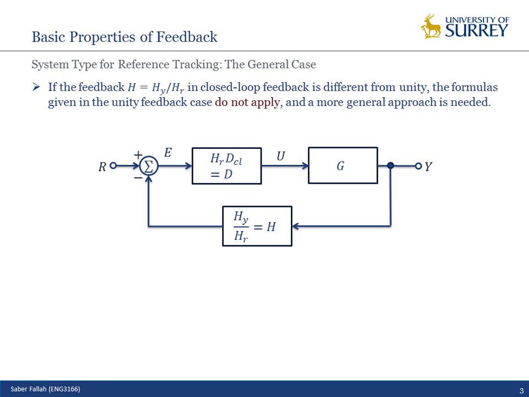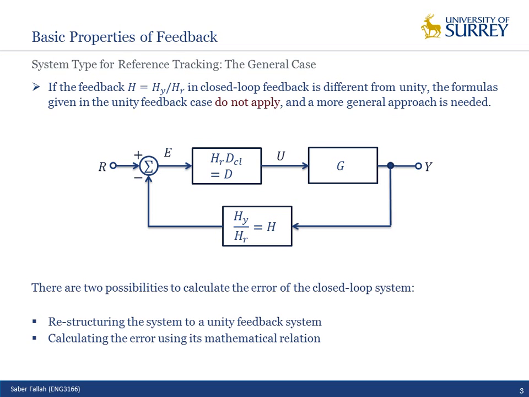As I said, we have this block transfer function in the feedback. We need to see how we can define the system type for such closed loop systems. There are two possibilities. One method is to reshape or restructure this closed loop system as a unity feedback system, or develop the formulas for this case.